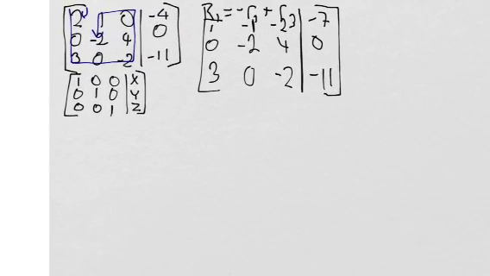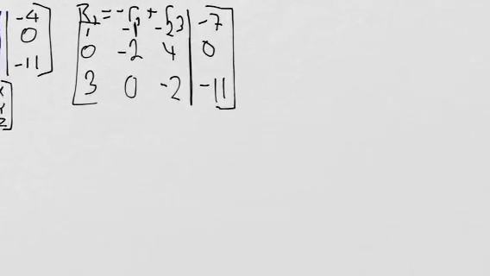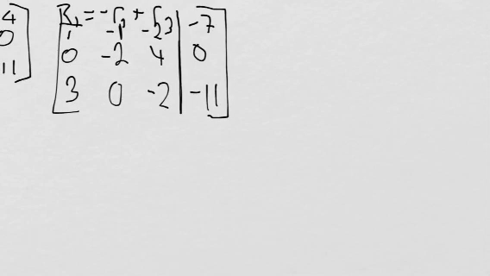And now let's move over here and try to turn this 3, because the 0 above it is already a 0, so let's skip to that 3. We want to turn that into a 0.